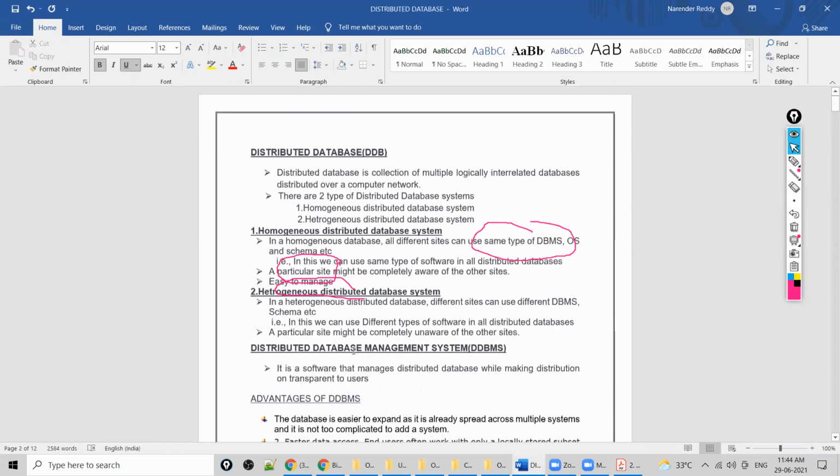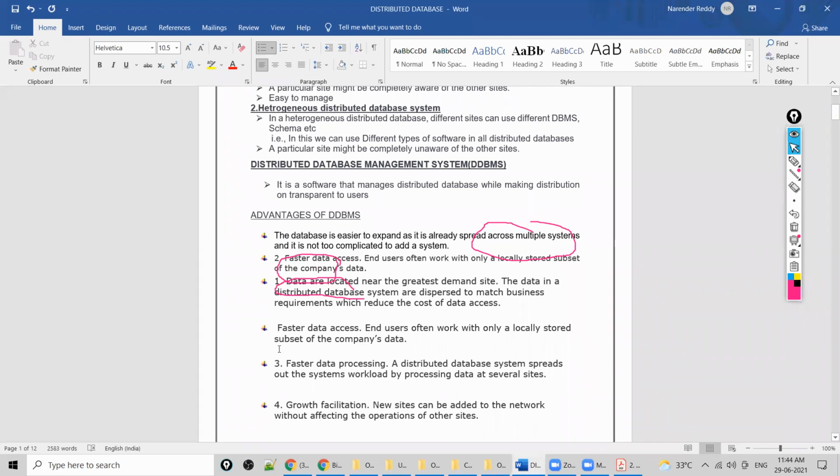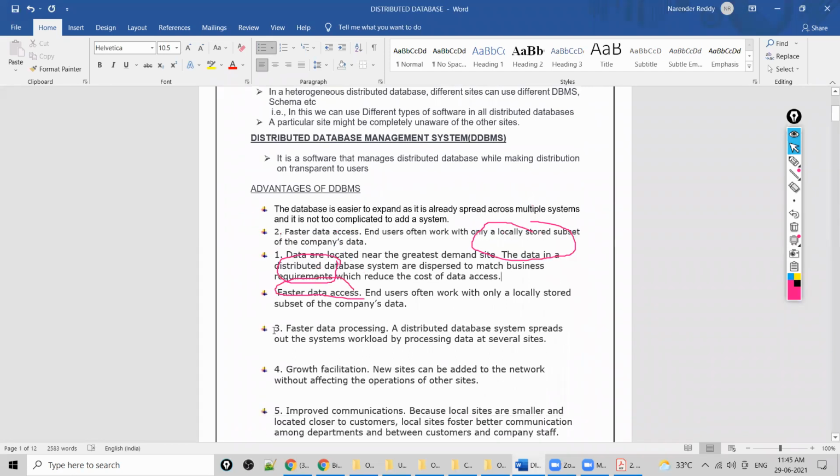Okay? Advantages of distributed database and disadvantages of what, madam? Distributed database.